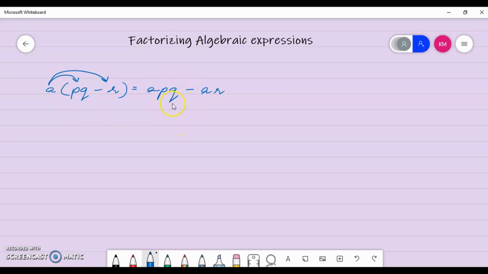So we are starting on the right hand side. We are taking APQ and AR and finding the HCF. APQ is A multiplied by P multiplied by Q, and AR is A multiplied by R. Now we are going to extract our common terms.